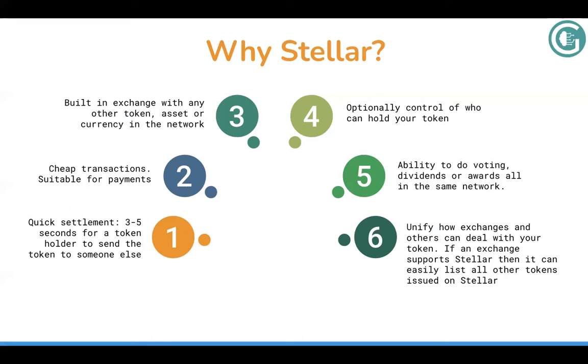If Stellar is supported, Doozie token will be automatically supported in those exchanges. So that gives us a huge advantage when it comes to reaching a huge amount of people in the future.